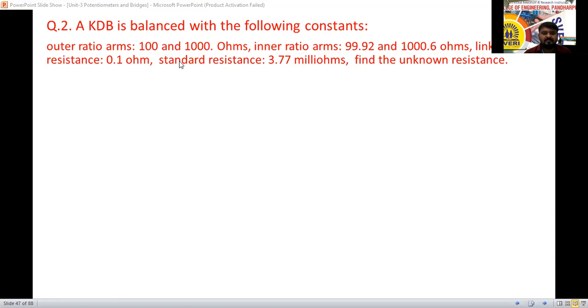Very good. Capital S is equal to 3.77 milliohm. Milli means 10 to the power of minus 3. Okay. So which one do you have to identify? Capital R. Very good, Pooja.